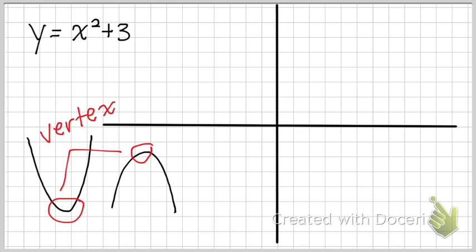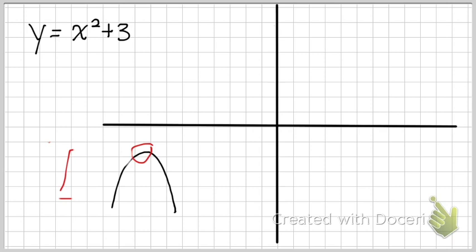So when we graph this, we're going to want to graph the vertex at the minimum or the maximum, and then we're going to want 2 points to the left and 2 points to the right.